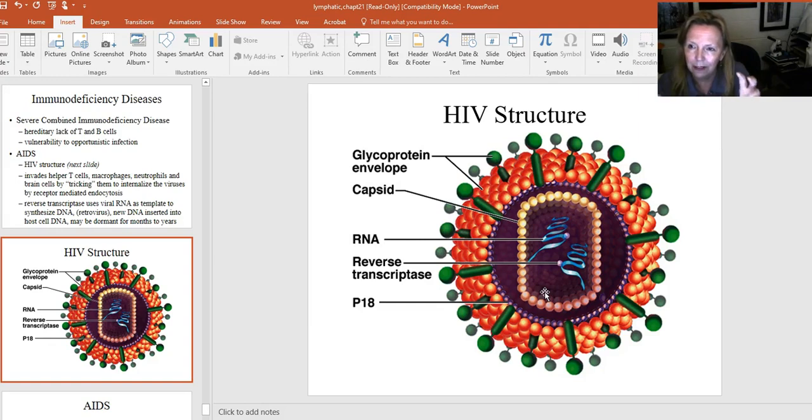This is one of those viruses that are evolving. It changes antigenic structure. Even within one patient that's HIV positive, they can sometimes have a couple of different serotypes of the virus. So this virus changes, but I think we're close to getting an immunization.